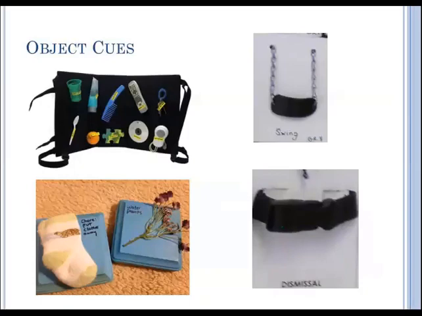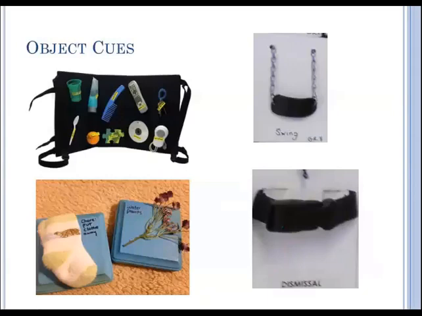Oftentimes people will report to me when I'm doing a school visit that the student doesn't seem to be understanding what that means. I'll ask people at the school to consider the child's experience of sitting on the toilet and how that is either the same or different than the experience of holding that small miniature toilet. And people start to realize that those are actually quite different.